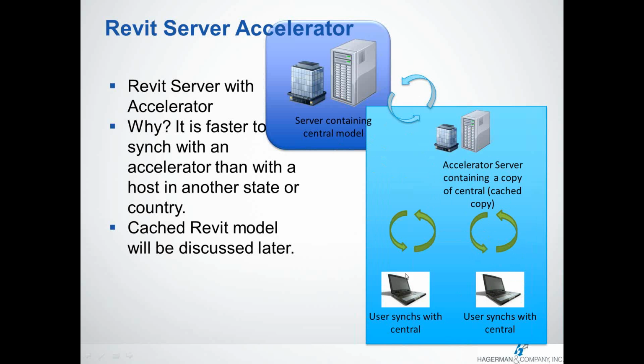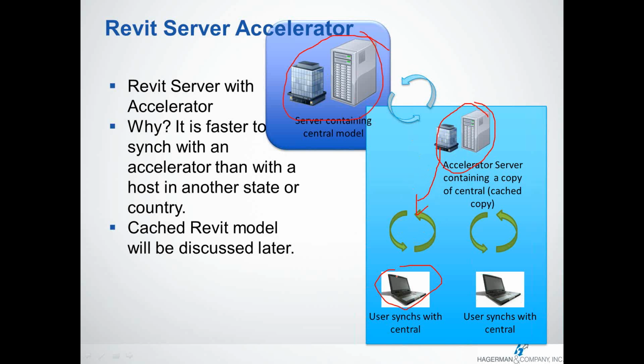So when this user here on the left wants to reload latest, or reload all the latest changes, he is reloading the changes from the accelerator, because it's much faster to reload something from an accelerator than from the host, because the host is far away. This model is constantly matching up with this model.